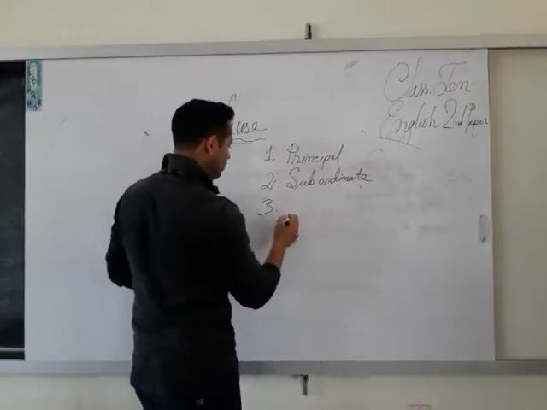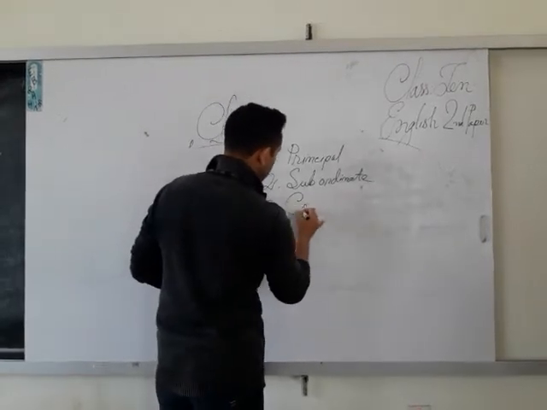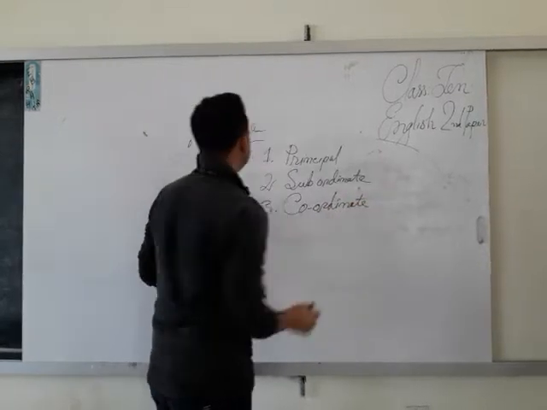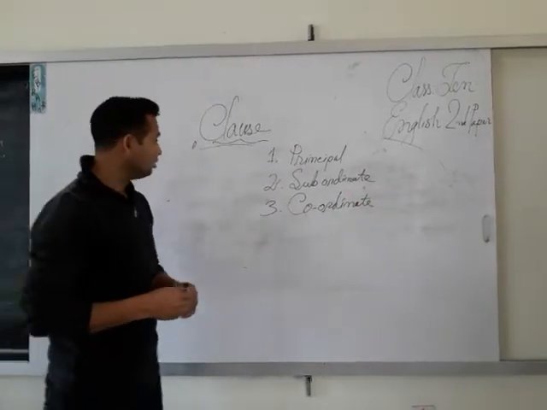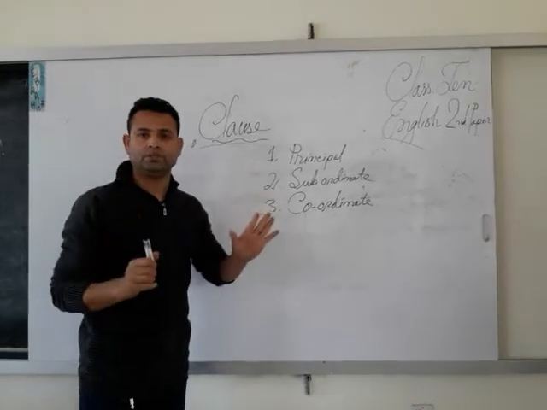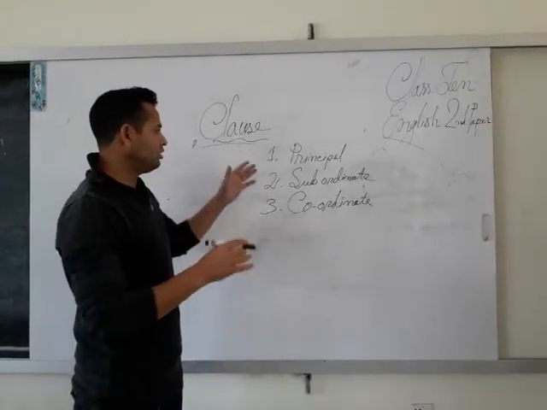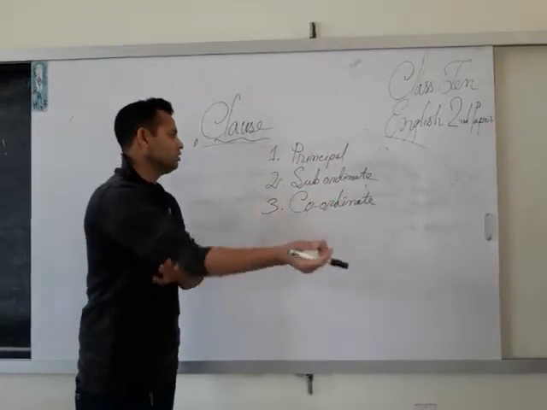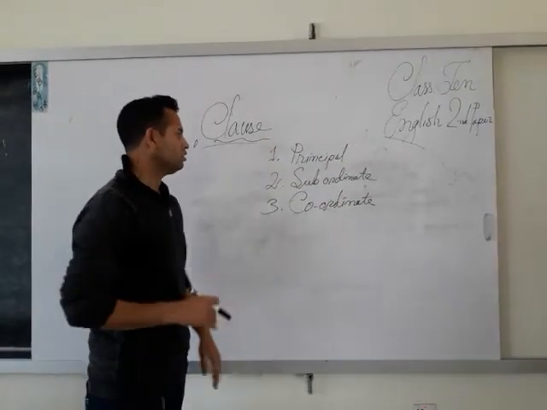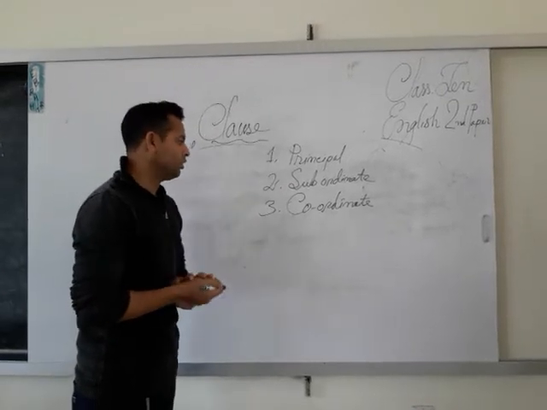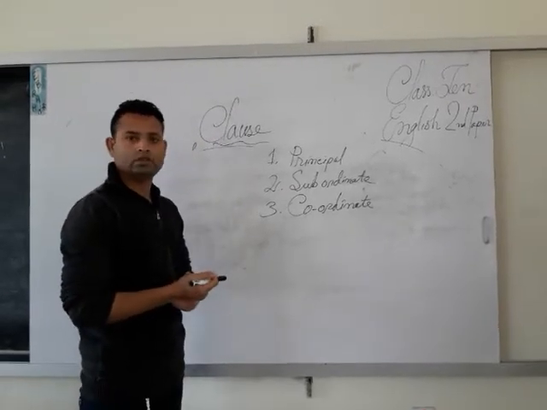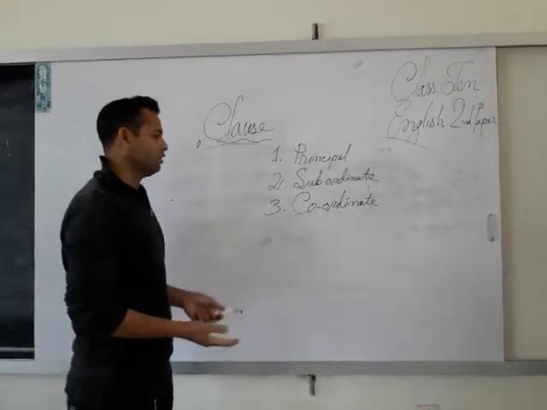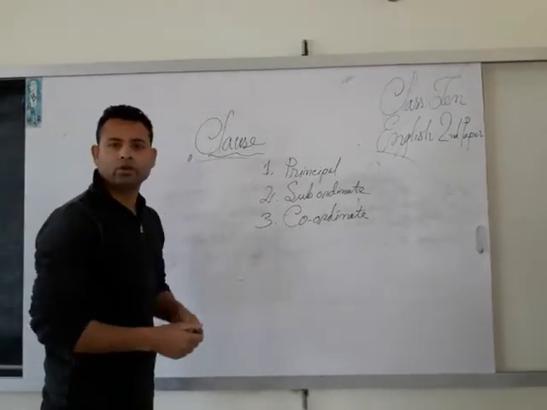And the third one, the final one, is coordinate clause. The first one is principal, the second one is subordinate, and the third one is coordinate. So, what is principal clause, what is subordinate clause, what is coordinate clause?